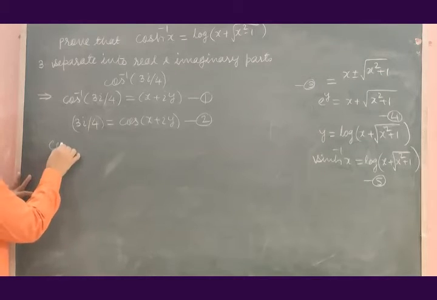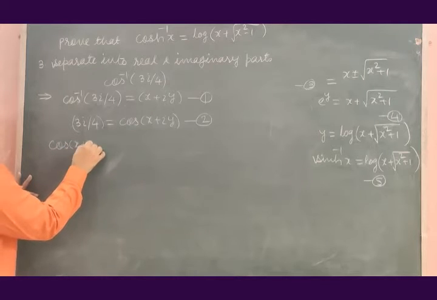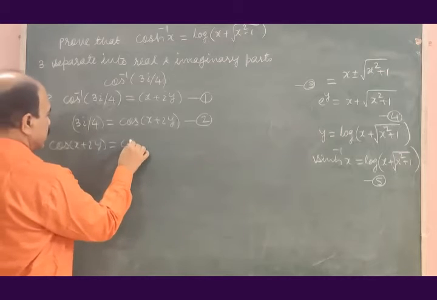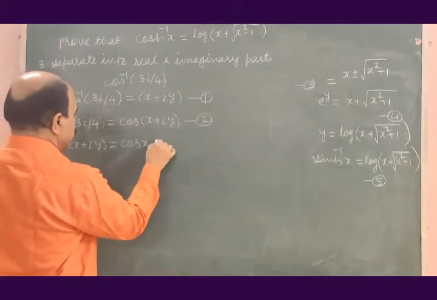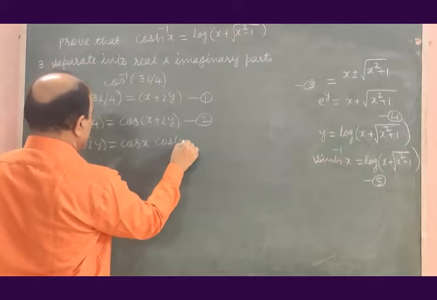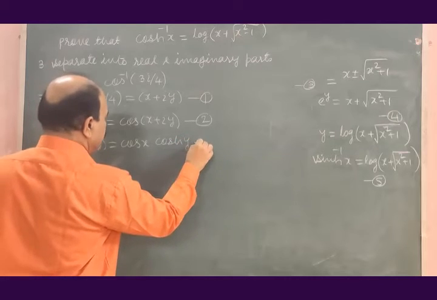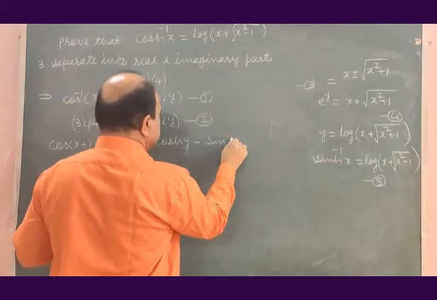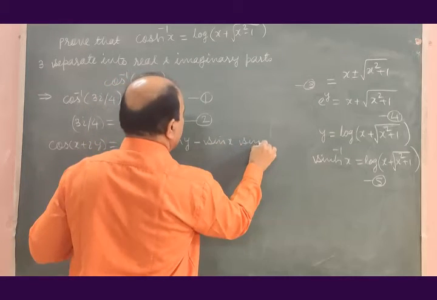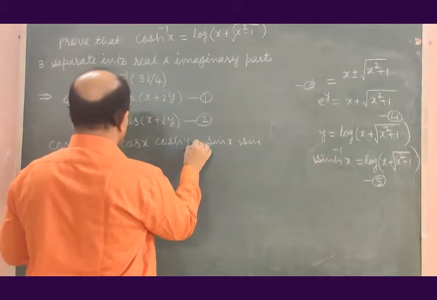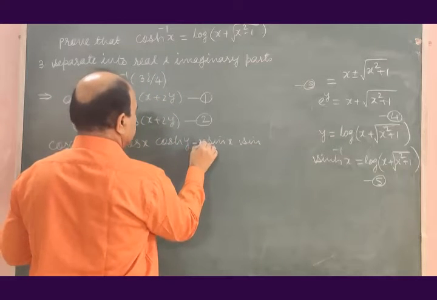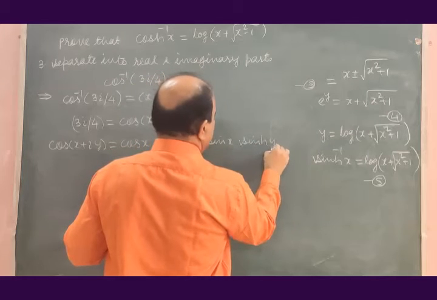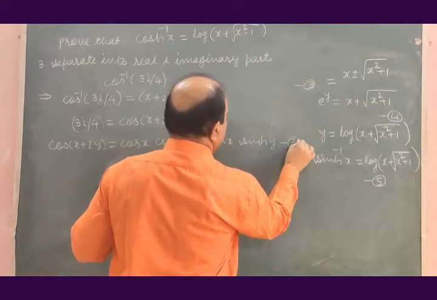Now cos of x plus iy can be written as cos x into cos hyperbolic y minus i times sin x sin hyperbolic y, equation number 3.